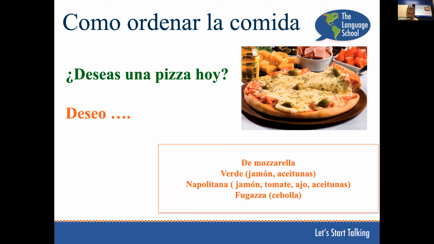It has nothing to do with that. Una pizza napolitana includes jamón, tomate, ajo, aceitunas. Ajo is garlic. And then they also have una pizza fugasa, which is just a plain onion pizza. I ordered that once, and that was the last time I ordered that pizza.